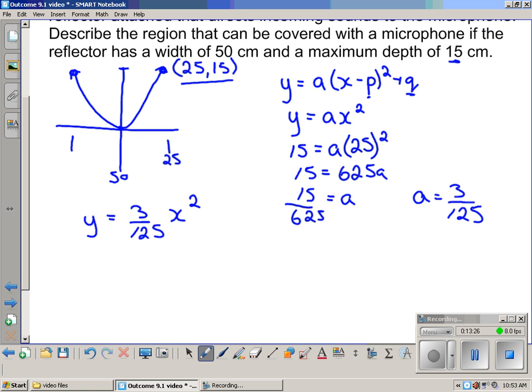I need to decide now what inequality sign needs to go in there. And so let's test a point that's on my y-axis. And so we are going to test the point 0 and 3.